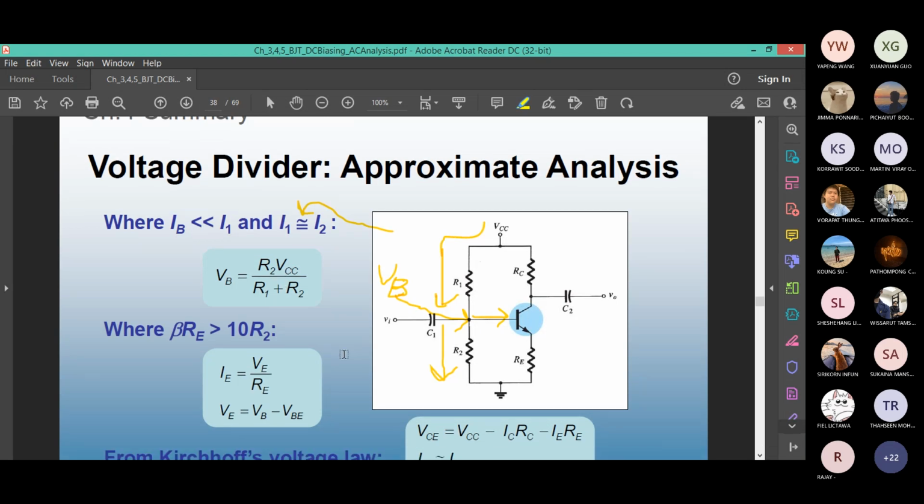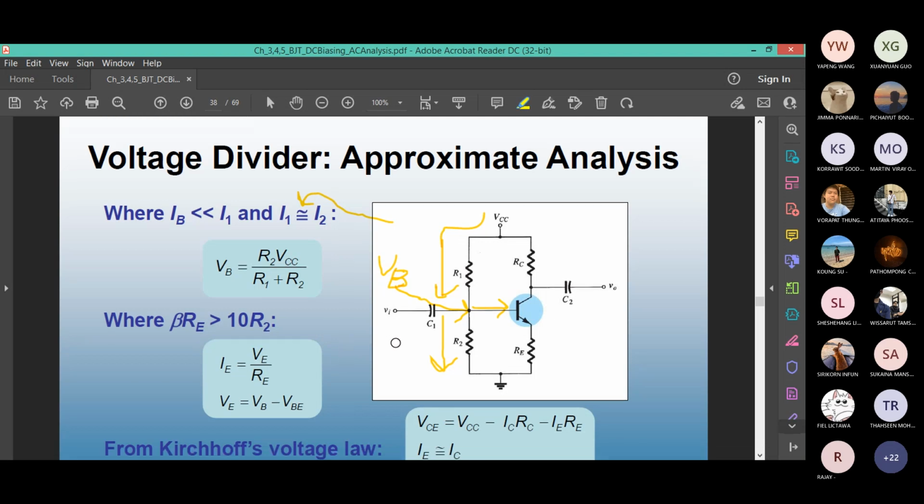And then we are not calculating IB in the beginning. You must satisfy this condition: beta multiplied by RE, from all the resistor values which are given in the problem, the beta is also given. If you multiply beta with RE and it is greater than 10 times R2, only then you can do this analysis. Otherwise, you cannot use this analysis. The answers will be wrong.